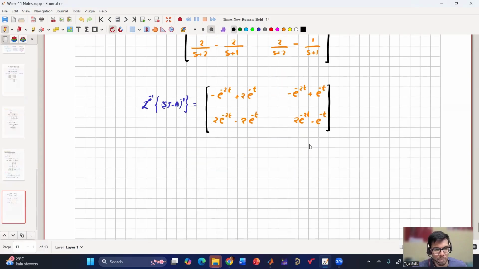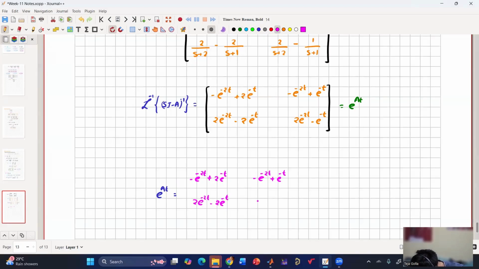So this is the inverse Laplace transform of (sI minus A) inverse, which is our e to the power At. So let us write it again. e to the power At is equal to minus e to the power minus 2t plus 2 into e to the power minus t, minus e to the power minus 2t plus e to the power minus t, 2 into e to the power minus 2t minus 2 into e to the power minus t, 2 into e to the power minus 2t minus e to the power minus t.